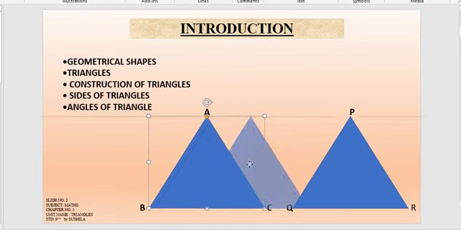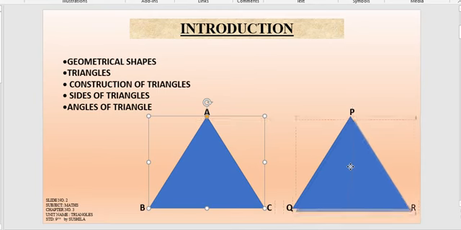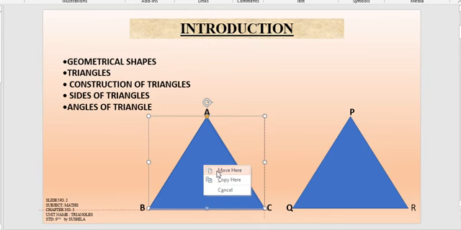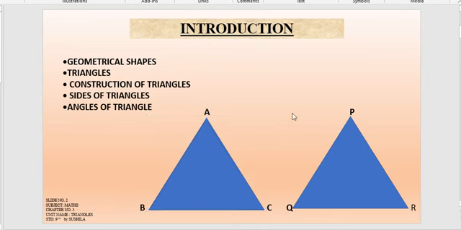If I take this triangle and keep it on the other triangle PQR, it fixes properly on all the sides of the other triangle, that is PQR.